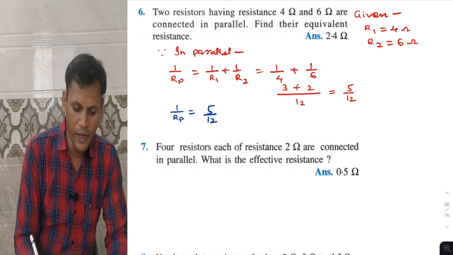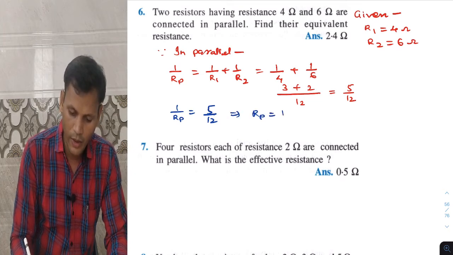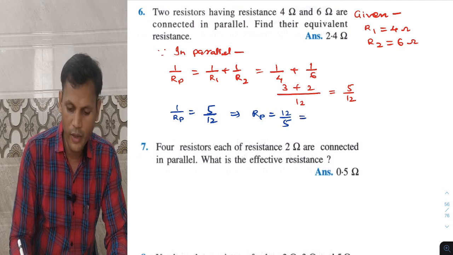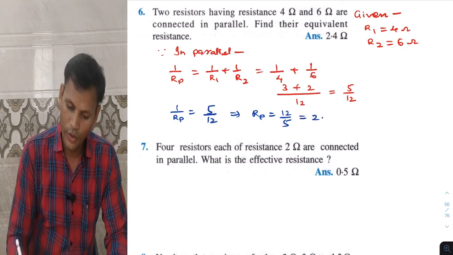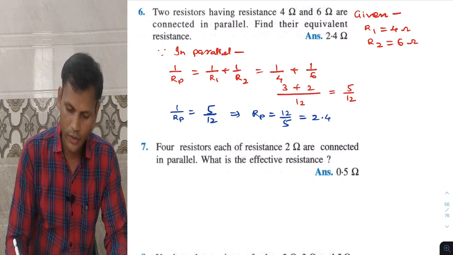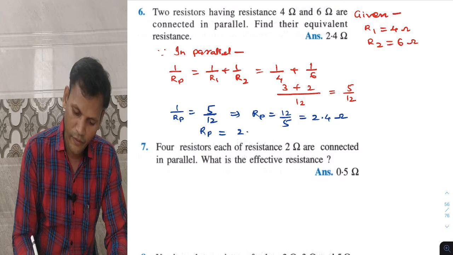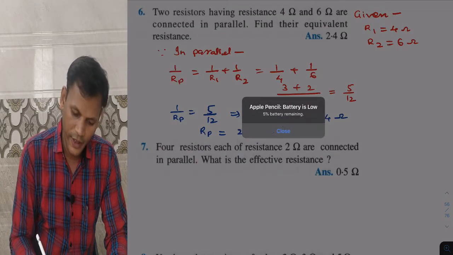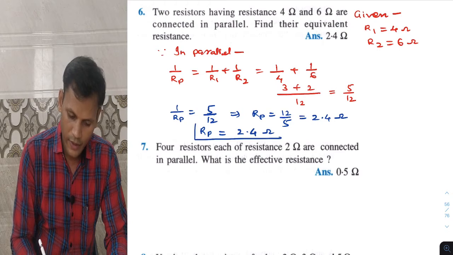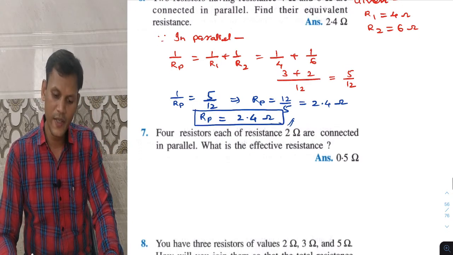So Rp will be the reciprocal of that, 12 by 5. 5 2s are 10 and 2 is left over, so Rp becomes 2.4 ohm. That we get Rp as 2.4 ohm.